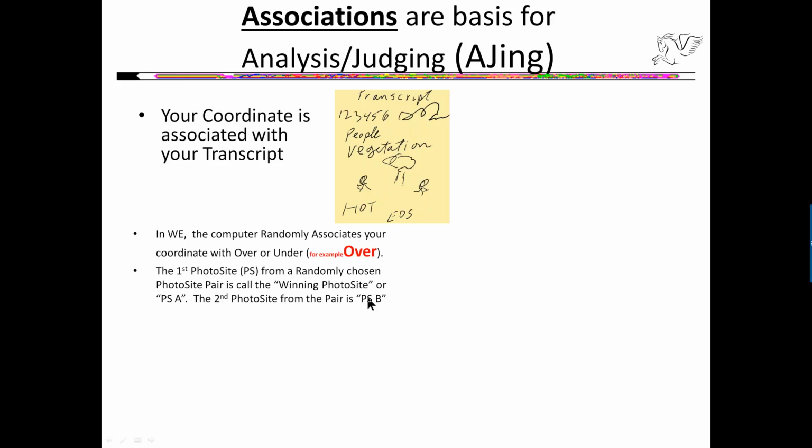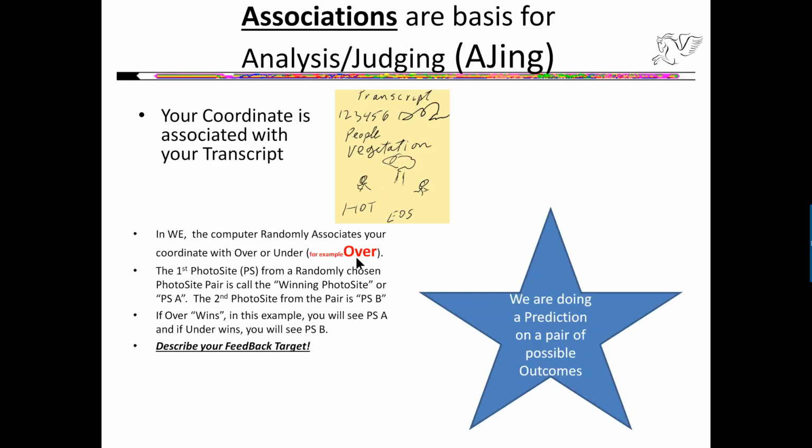Now look what happens. If over wins, then you're going to see with this coordinate at feedback time, photo site A. If under wins, you'll see photo site B because it wasn't the winner. We sometimes call that the other side. Oh, I see. You see, it changes based on the outcome. Exactly.